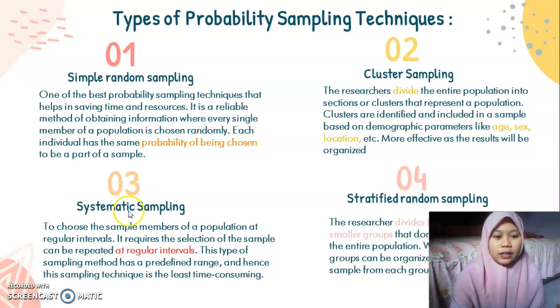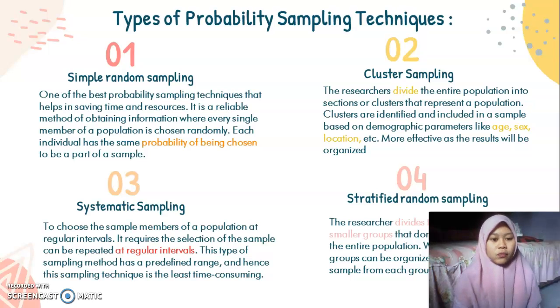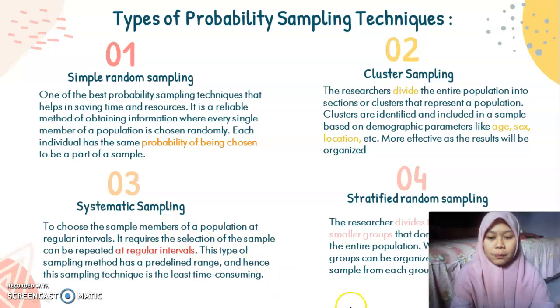And the third is systematic sampling. To choose the sample members of a population at regular intervals, it requires that the selection of the sample can be repeated at a regular interval. This type of sampling method has a predefined range, and hence the sampling technique is the least time-consuming.